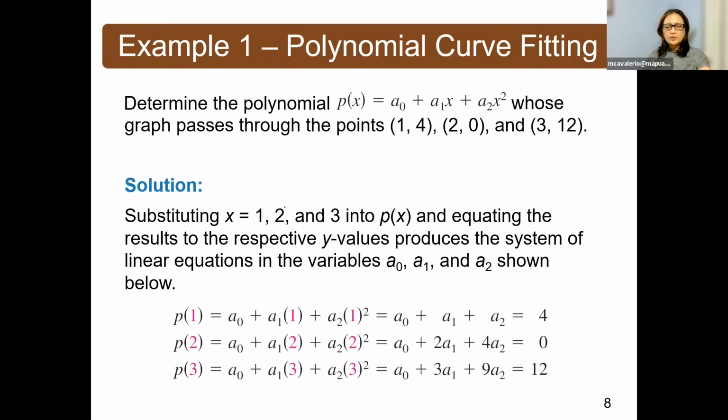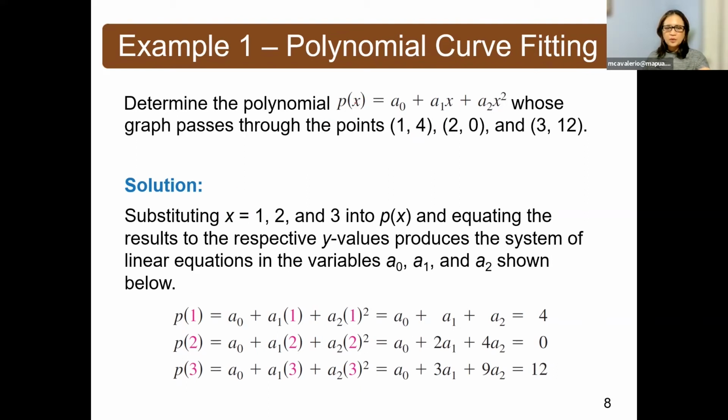Example: determine the polynomial p of x, which is equal to a naught plus a sub 1 x plus a sub 2 x squared, whose graph passes through the points (1, 4), (2, 0), and (3, 12). So what we need to do is simply substitute the values of x and y into the particular equation.